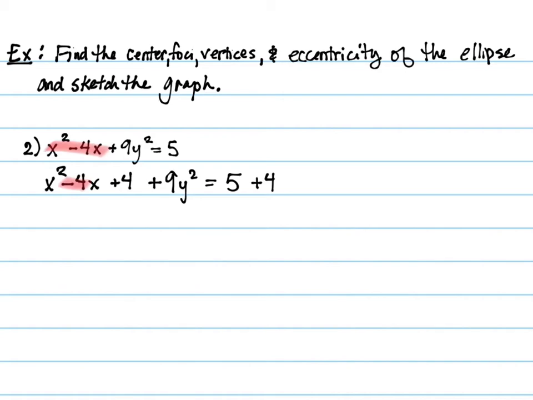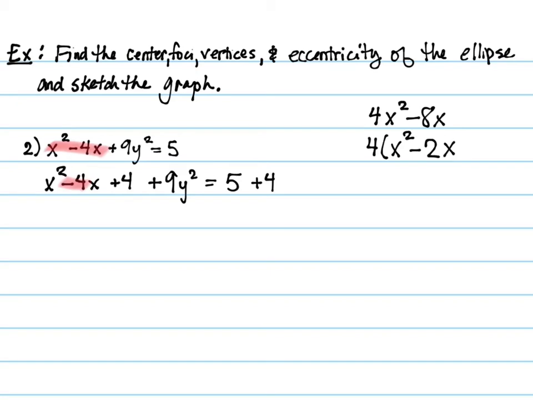Now, a little bit of a reminder of some sneaky things that crop up when you're doing these. If for some reason I had, say, 4x squared minus 8x like this, and I wanted to complete the square, I do not take negative 8. I need the coefficient in front of x squared to be 1 before I'm able to complete the square. So the first thing I'd need to do is factor the 4 out like this.